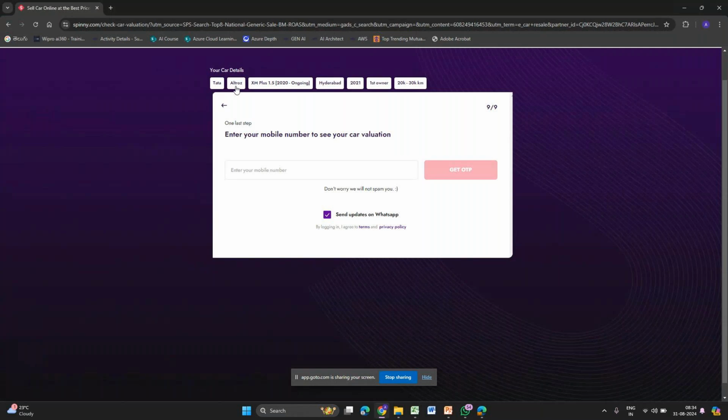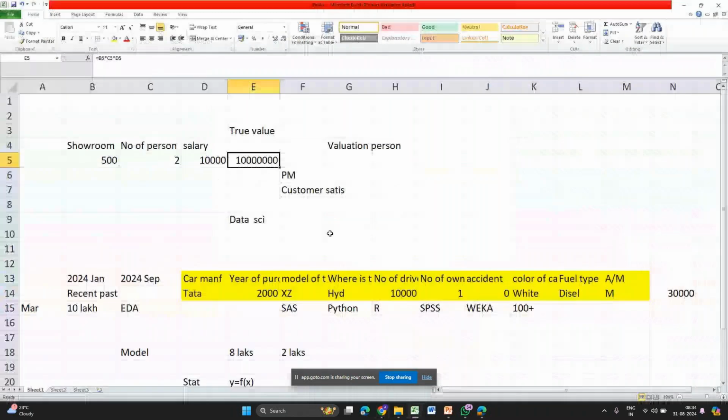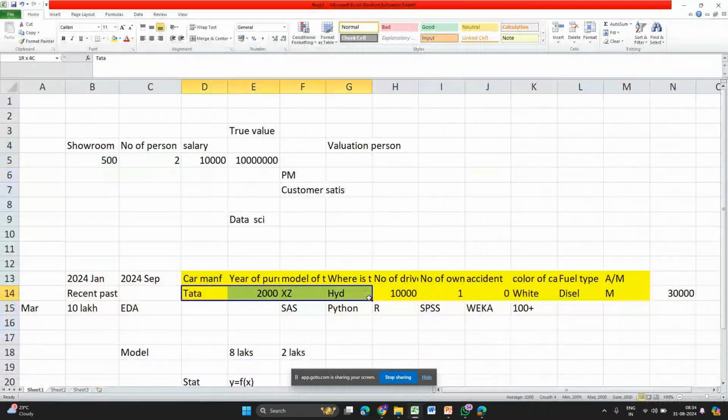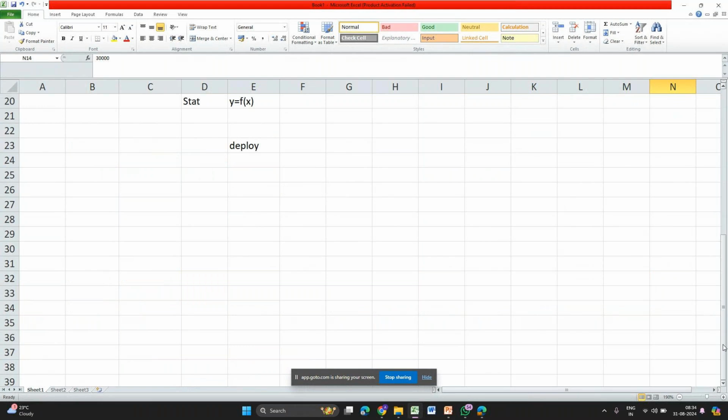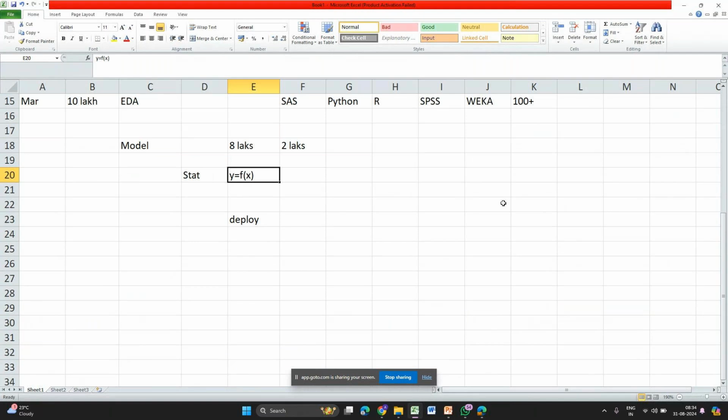Now, if you see on top of this, you can see Tata, Altos, XMZ, Hyderabad, 2021, first owner, and number of kilometers you drove. These are nothing but the input variables which you are passing to your model. When I provide this information, the system gives the answer. That answer is nothing but the statistical formula, y equal to f of x. f of x is nothing but function of x, which you can write as x1 plus x2 plus x3 up to xn variables.